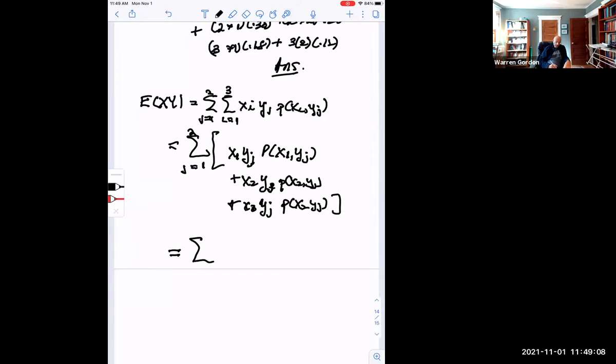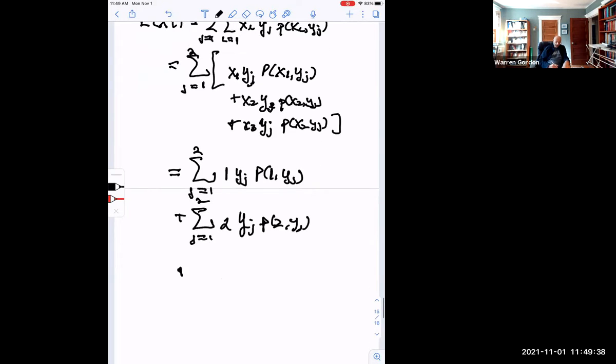So let me just write this out a little more. x1 is 1 times yj, p of 1 yj, plus, remember each of these is a sum now, j equal 1 to 2, x is 2, yj, p of 2 yj, plus the third value of x is 3.